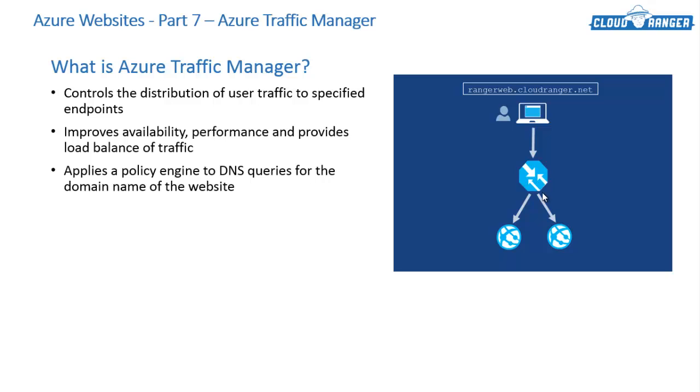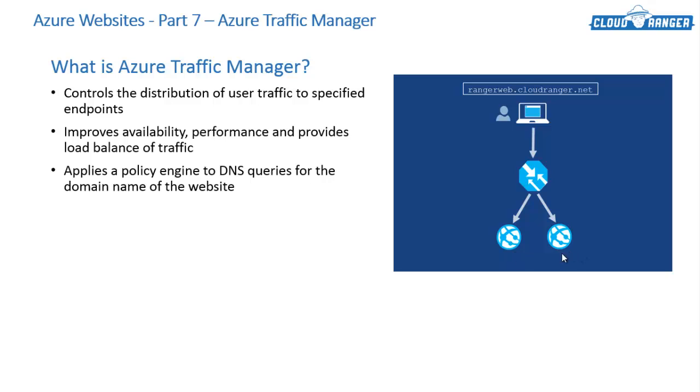So let's translate these 3 points and try to make sense of it. Technically, this is the Azure Traffic Manager, situated in the Azure cloud. When a user wants to go to rangerweb.cloudranger.net, they hit the traffic manager, and the traffic manager decides which endpoint to send them to.